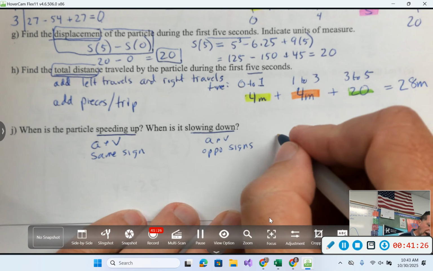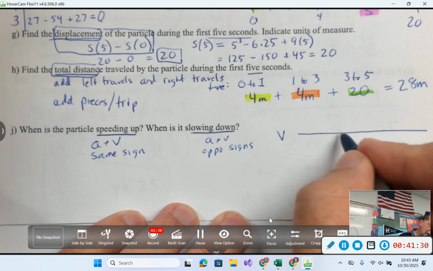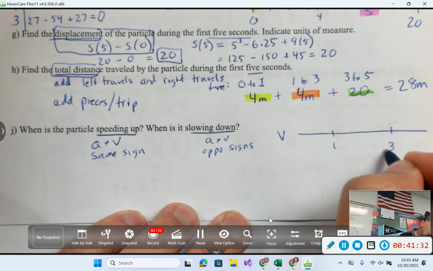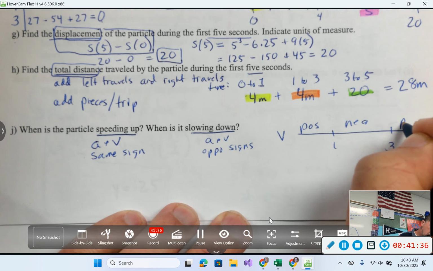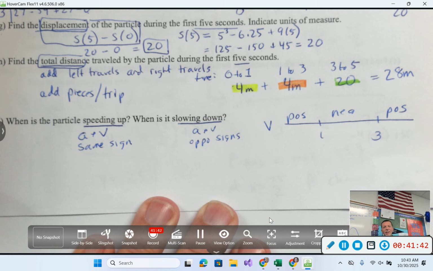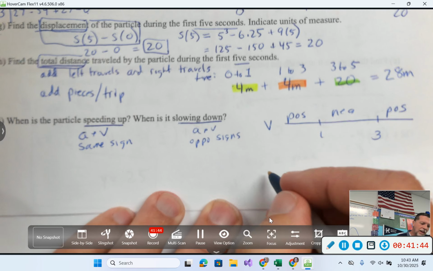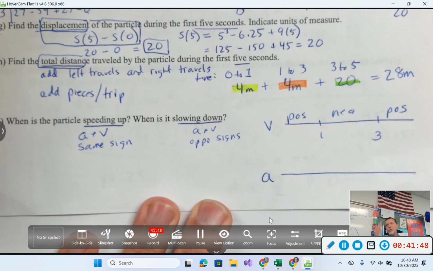Okay, I already have a sign chart for velocity, so I'm just going to replicate it down here. So we already did that. I don't really need to do it again, but since I'm looking for where their signs are the same or opposite, I would like to put the acceleration sign chart right underneath it, and then it's really easy to line up. Oh, they have the same sign, they have the opposite sign.